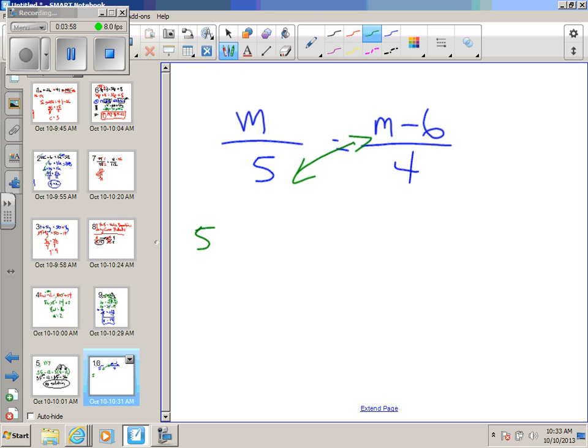Okay, so let's set it up. Set everything up first. And then here, a 4 times m. 4m. Right? Now let's work with the distributive property: 5m minus what? 30.